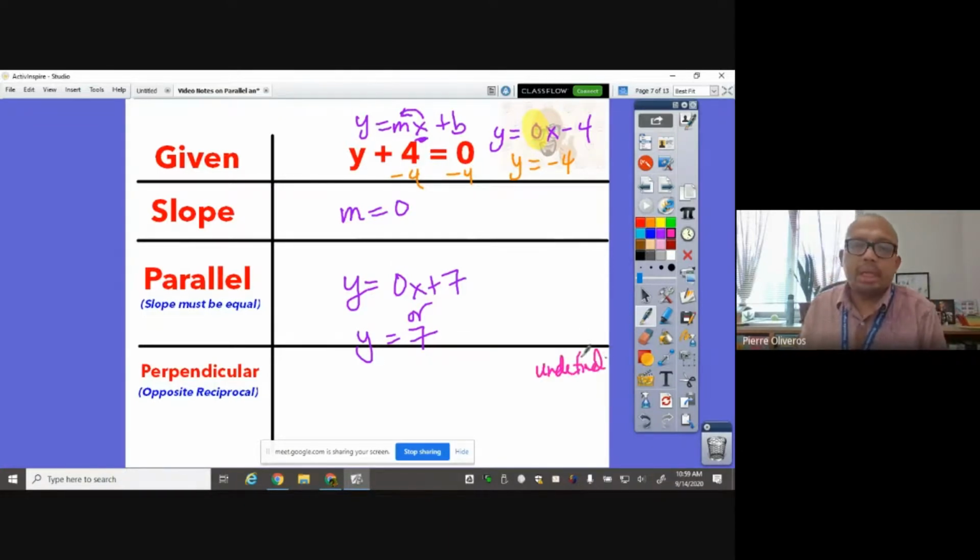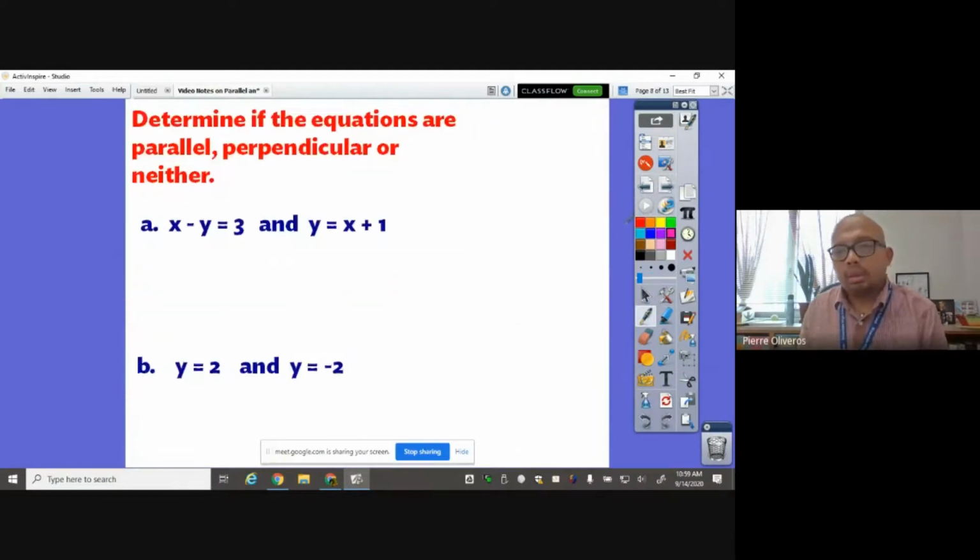And the only way we can get an undefined there is if it's going to be x is equal to 7. If you notice, this is y is equal to 7 for the same slope, but for the negative reciprocal, opposite reciprocal, is going to be x equals 7.